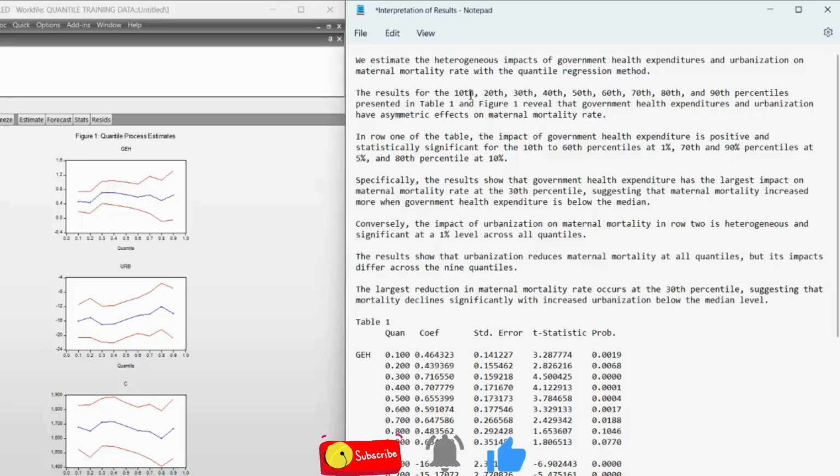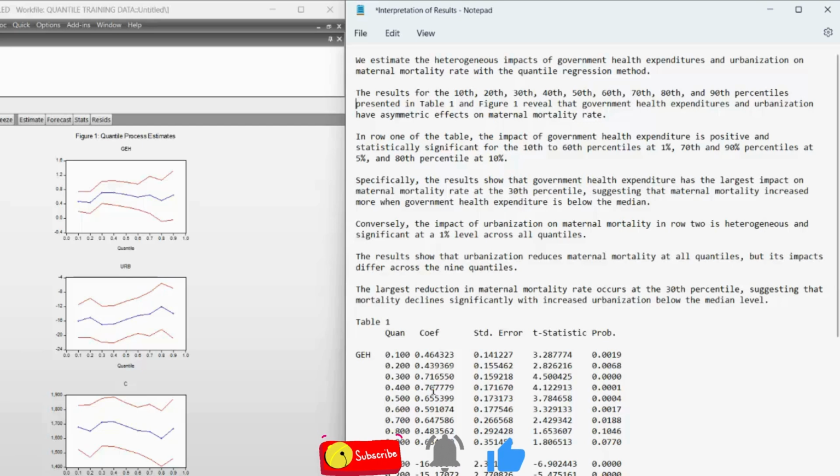The results for the 10th to the 90th percentiles are presented in table 1 and figure 1, and they reveal that government expenditure and urbanization have asymmetric effects on maternal mortality rates. Their effects are not the same. That is asymmetric. They are different. You can see this one is 4.6, this one is 7.